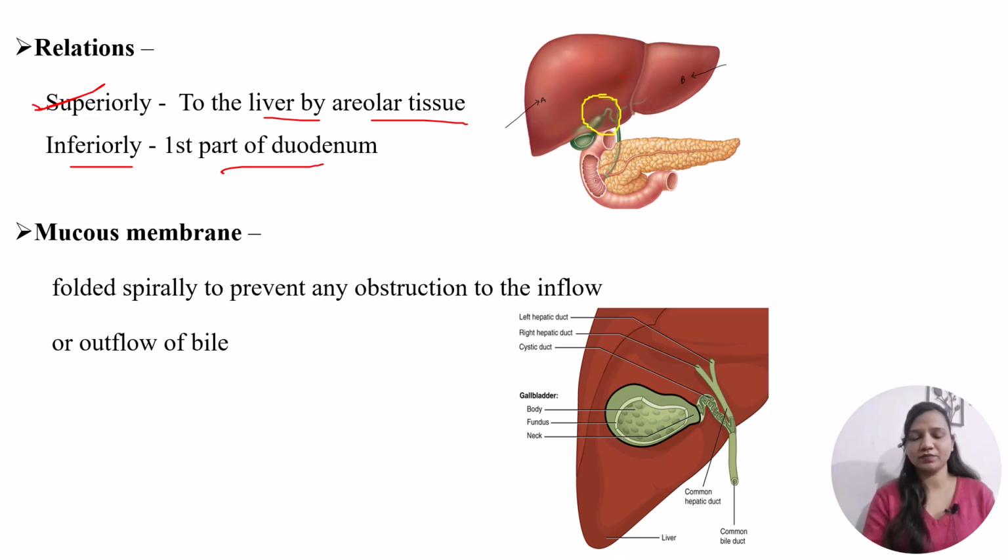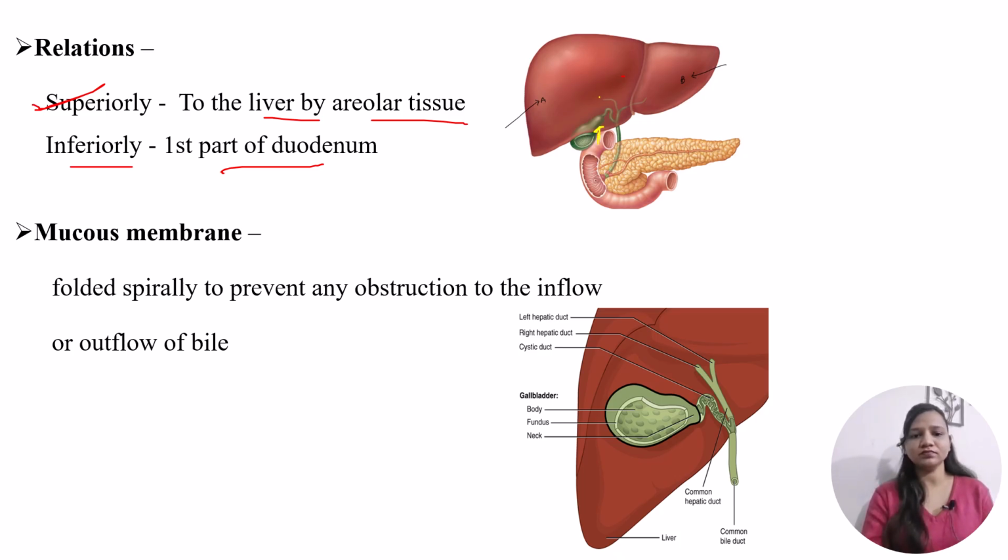As you can appreciate in the same picture, the inferior portion of the neck is related with the first part of the duodenum. This is the first part of the duodenum. So inferior portion of the neck is related with this first part.